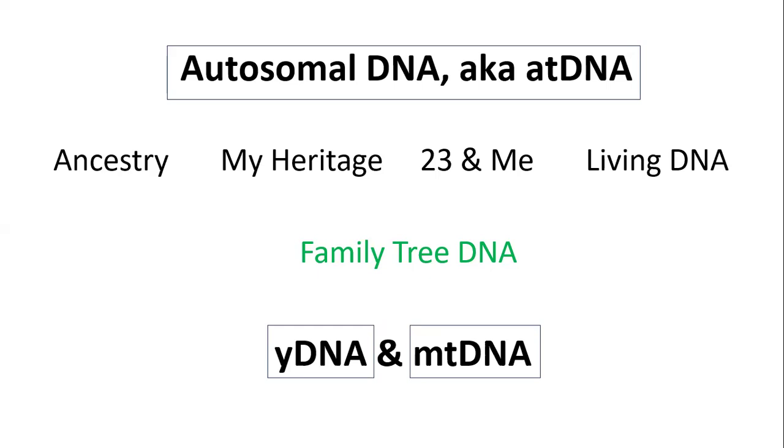So those lines are a little bit more limited, but they are also very useful, and you want to incorporate them when necessary. Now, there are different companies that have them: Ancestry, MyHeritage, 23andMe, Living DNA, and there are others. But Family Tree DNA right now is the only one that is really doing mtDNA and Y-DNA.